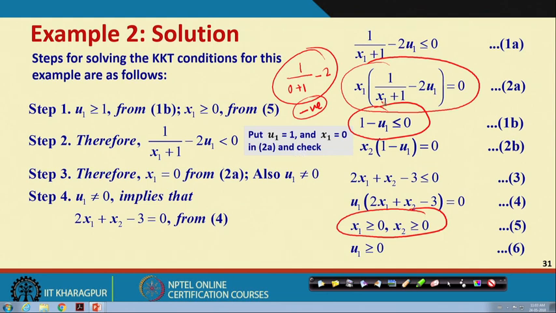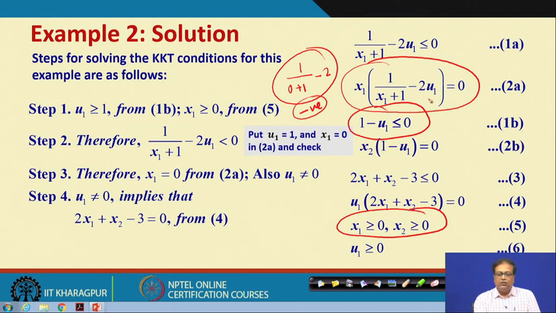That is what we found at step 2. If this is negative, that means non-zero, so 2a says x1 should be 0. Also u1 is greater than or equal to 1, so u1 should not be equal to 0.